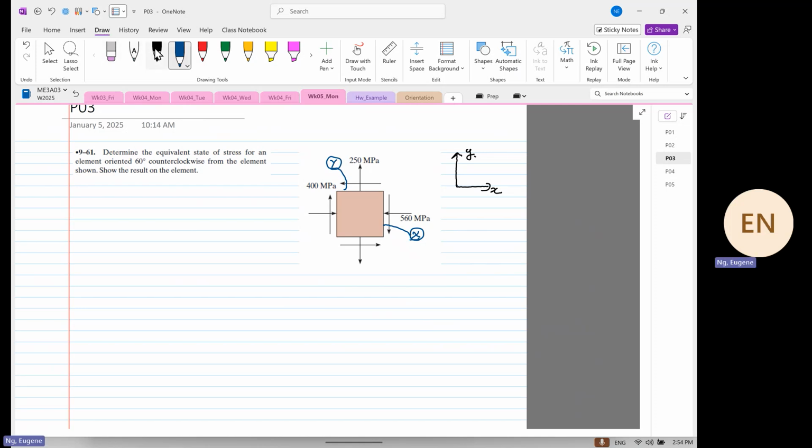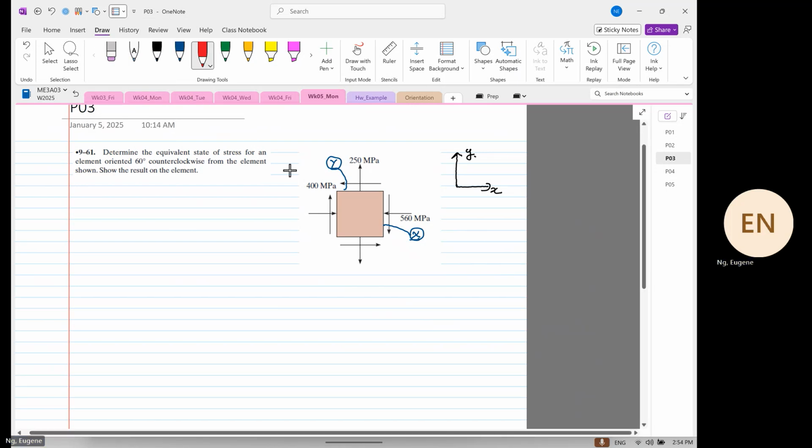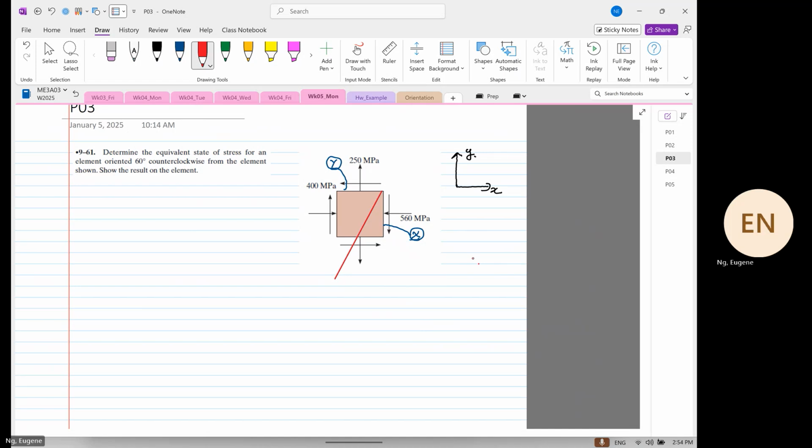I'm going to draw the plane that's rotated 60 degrees in a counterclockwise orientation. How I get this 60 degrees is I rotate from here counterclockwise 60 degrees.